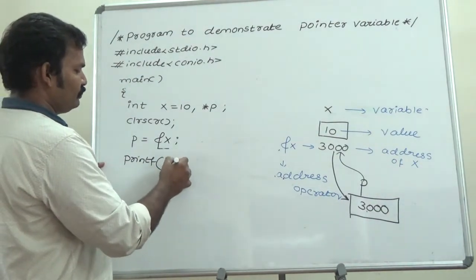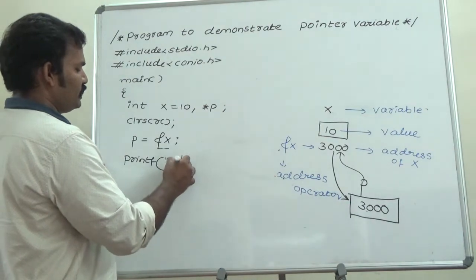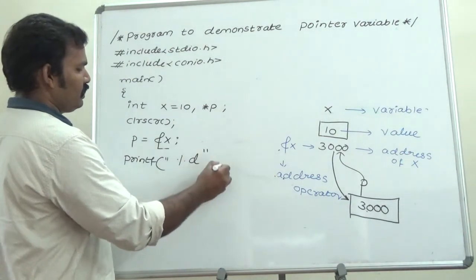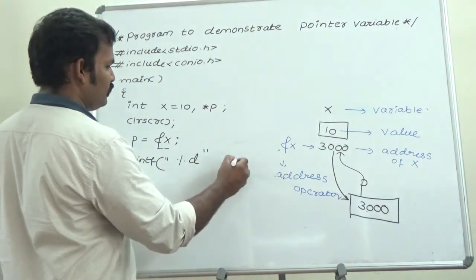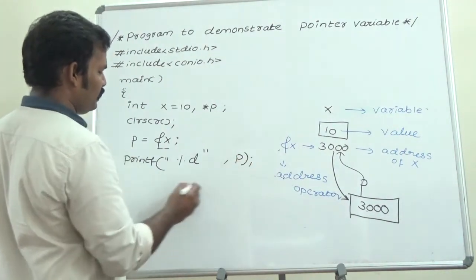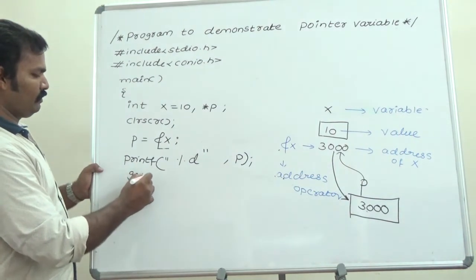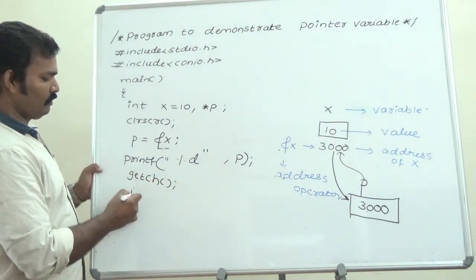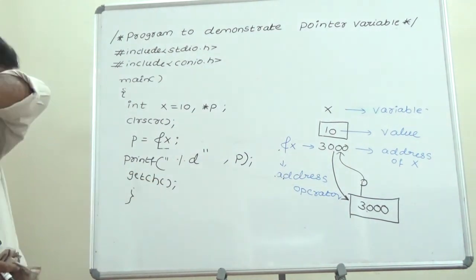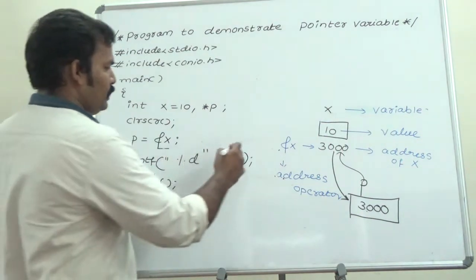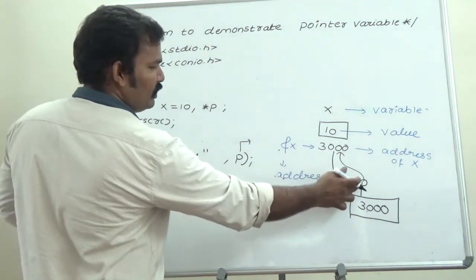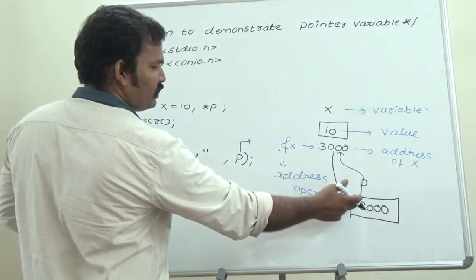Printf percent d, comma p. Suppose I write like this, what is the output here? p, the pointer variable, contains what here?